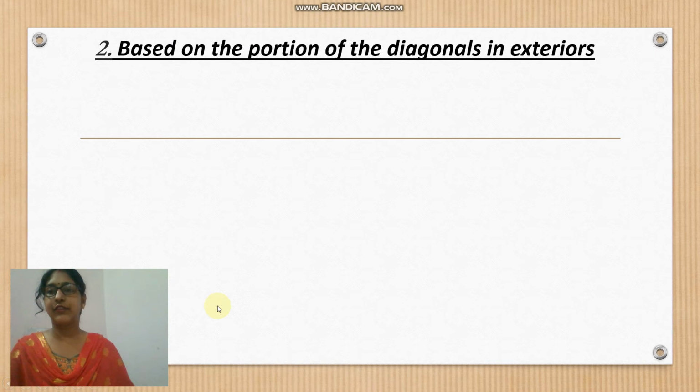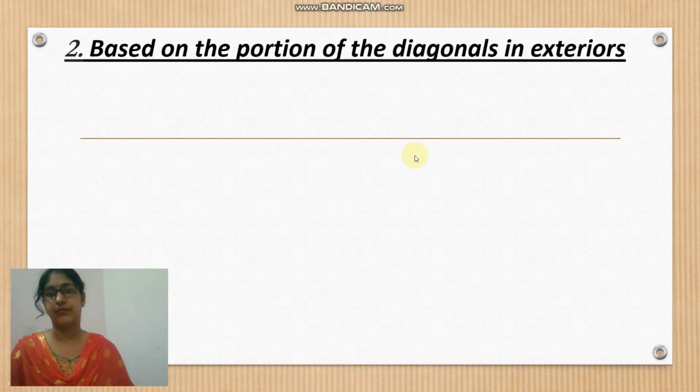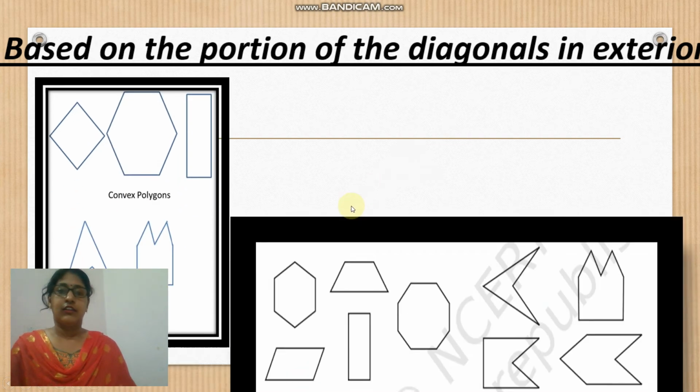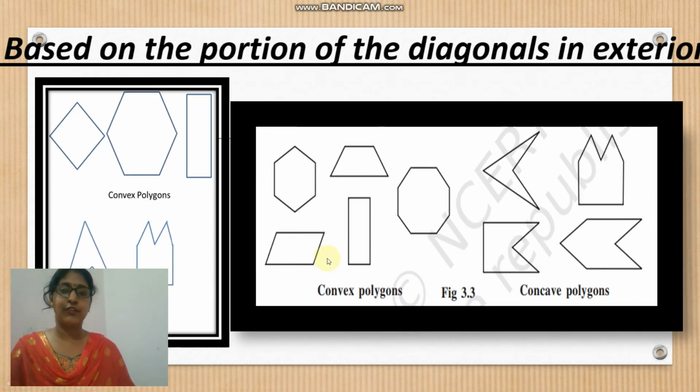Our next classification is based on the position of the diagonals, interior or exterior. When we observe these figures, all the polygons have diagonals lying in the interior portion. Whereas in these four figures, some diagonals are in the exterior portion and some are in the interior portion.